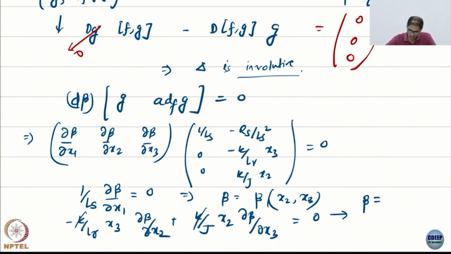So to me it seems like there should be something like x2 square plus x3 square, because if I have x2 square, it becomes twice x2, this gives me x2 x3, and if I have x3 square, I get twice x3, I get x2 x3 again, these will cancel out, modulo some constants. That's how I am guessing.